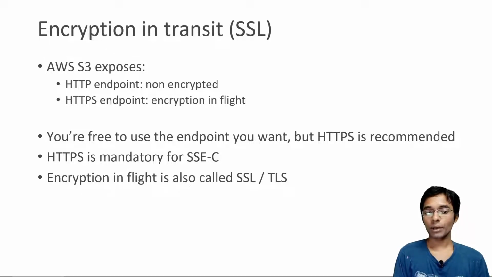or an HTTPS endpoint, which provides you by default encryption in flight, because the S means SSL and secure. So you are free to use whichever one you want, but obviously HTTPS is the recommended one. And in case you are using something like SSE-C, you have to use HTTPS because you are sending the encryption key over the internet, and you don't want someone to do a man-in-the-middle attack to retrieve your encryption key because you used only HTTP.